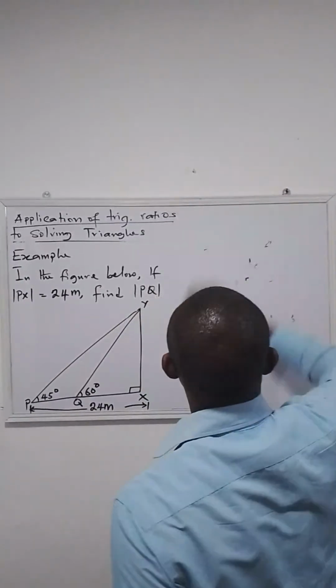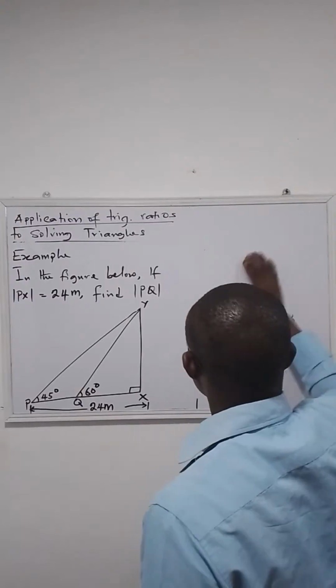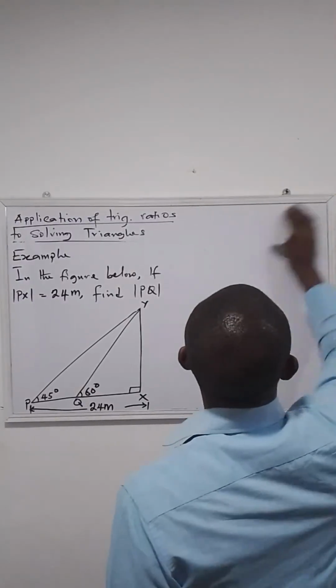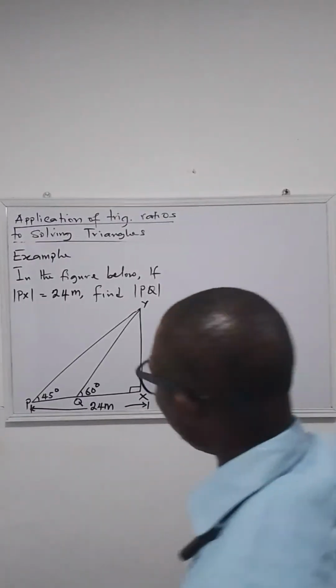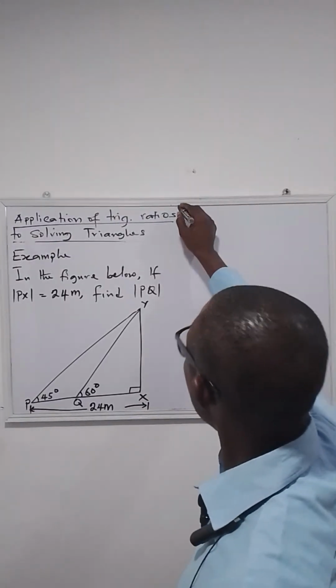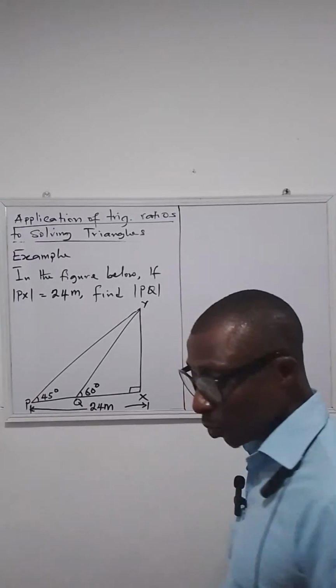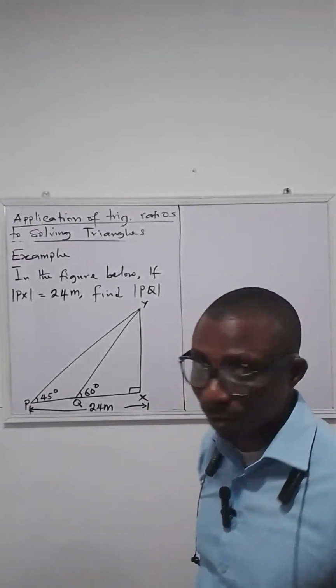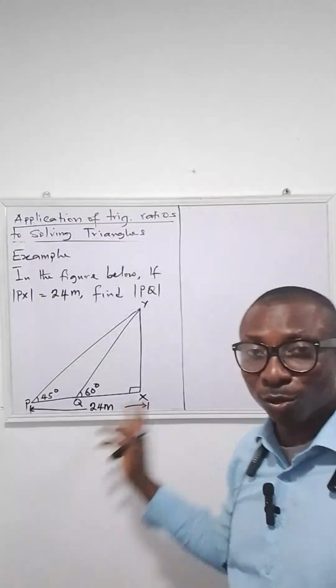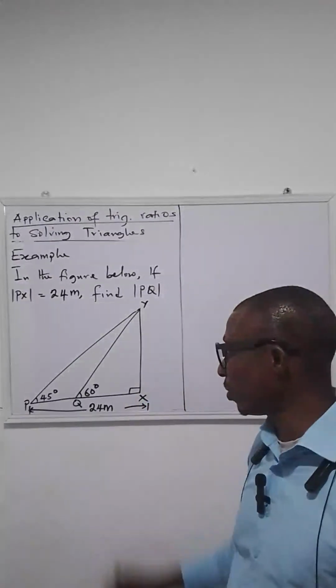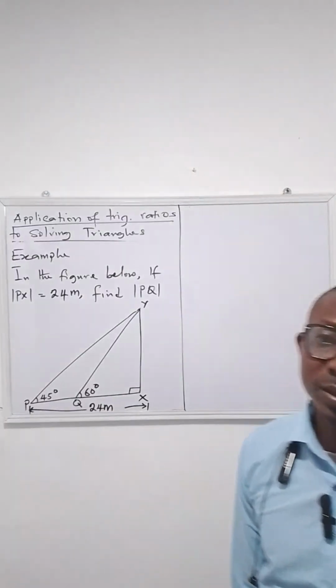Now, when you look at the figure below, you will see that we have two right angle triangles here. So you must be able to identify the two right angle triangles that we have there. Can you name the two right angle triangles and drop it in the comment section?